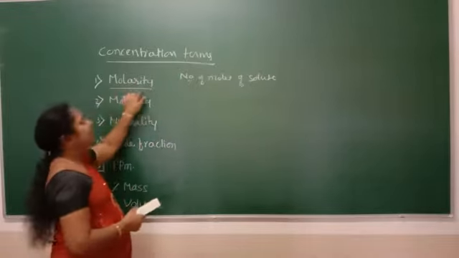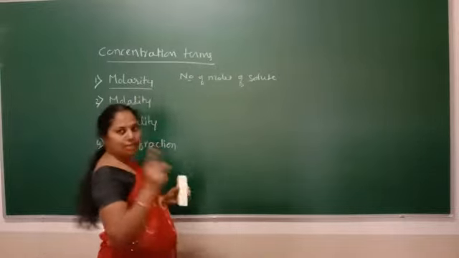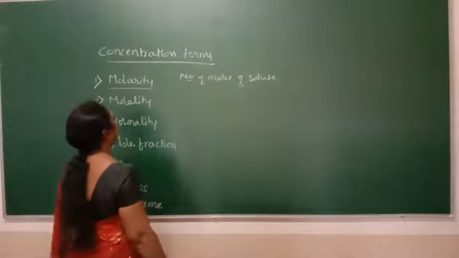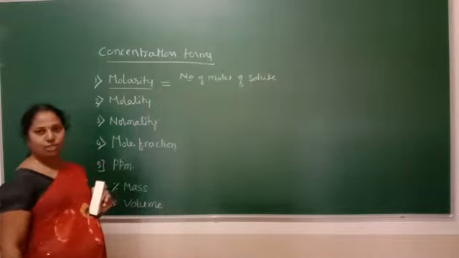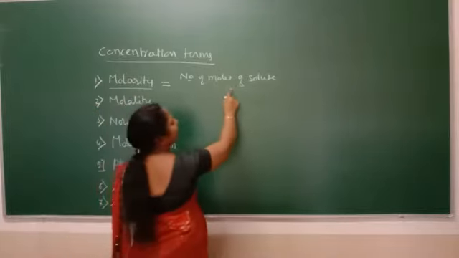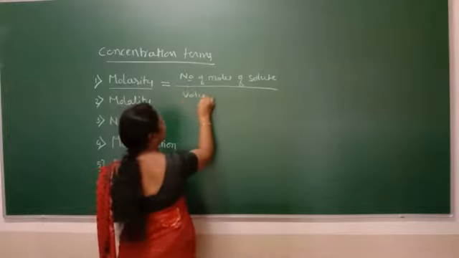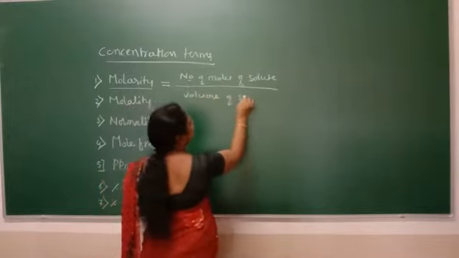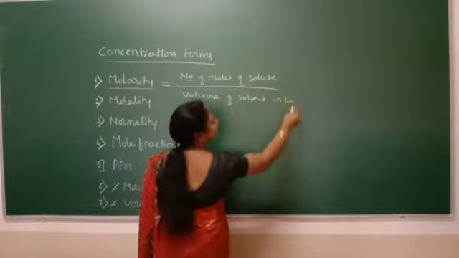That is, molarity can be defined as the number of moles of solute dissolved in 1 liter of solvent. The equation used to calculate the molarity of a solution is: molarity is equal to the number of moles of solute divided by the volume of solvent in liters.